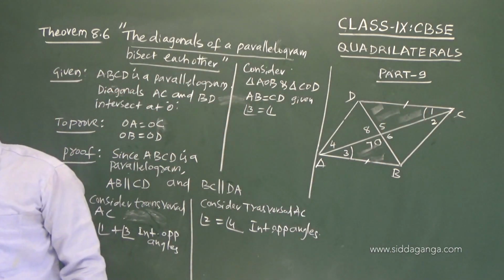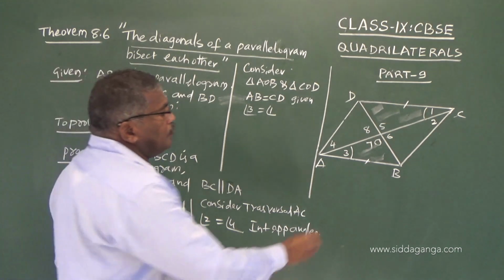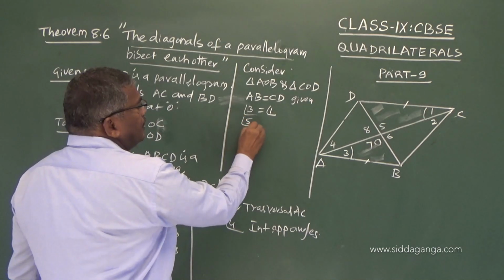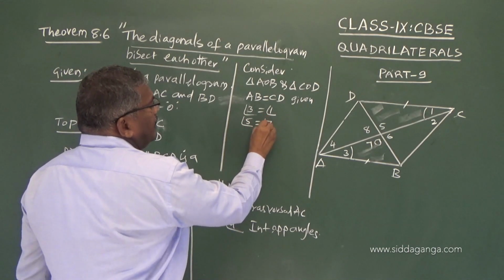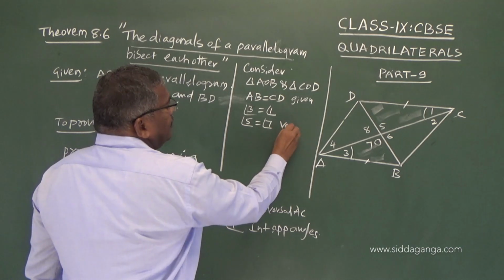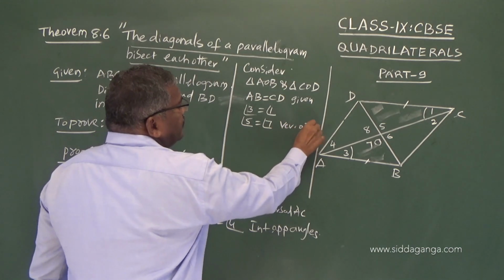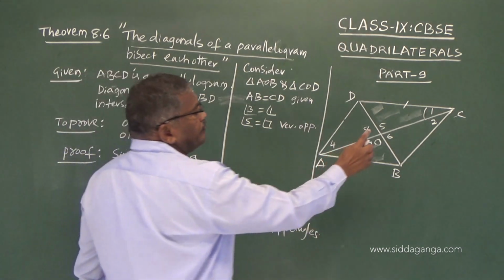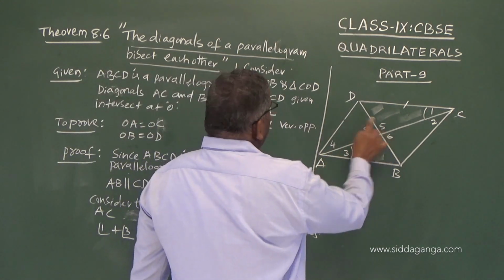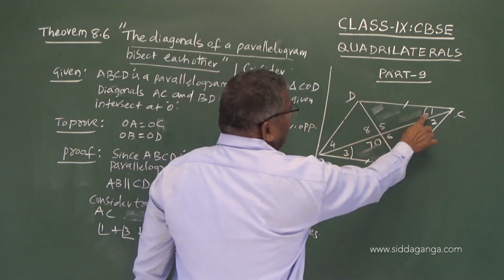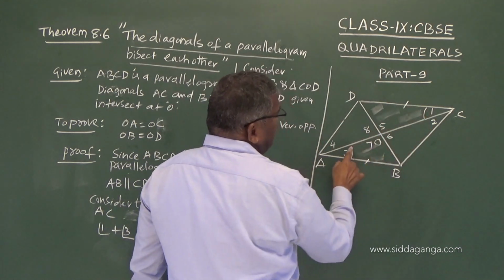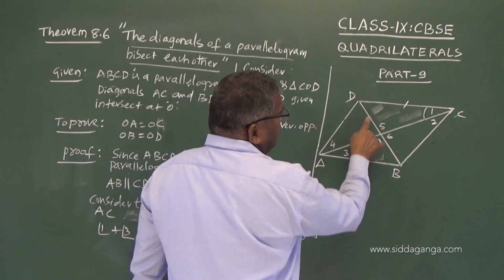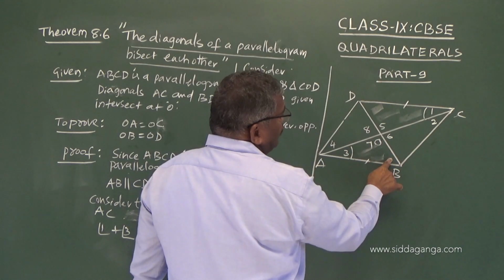Now next, observe here, angle 5 is equal to angle 7 because they are vertically opposite angles. So when two angles, 3 equals 1 and 5 equals 7, are equal, the third angle must be equal.